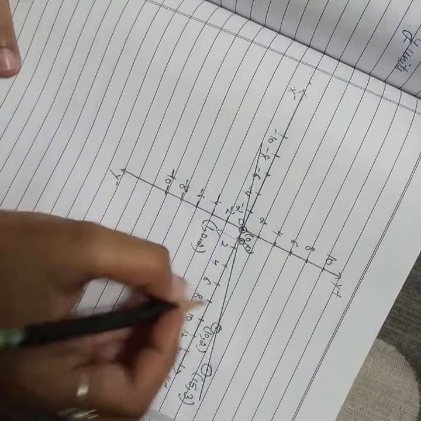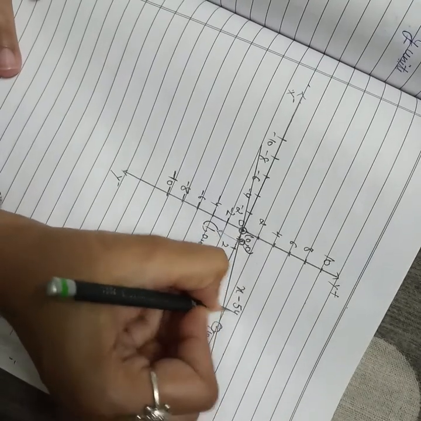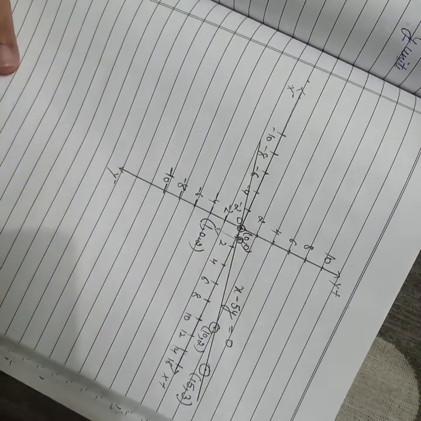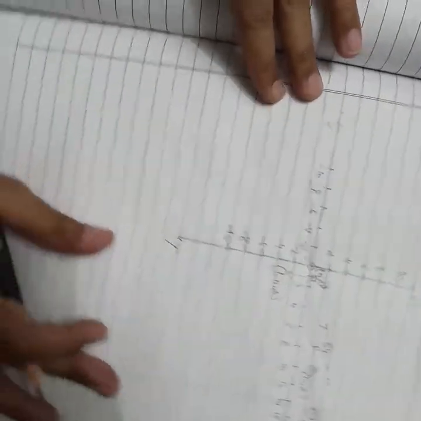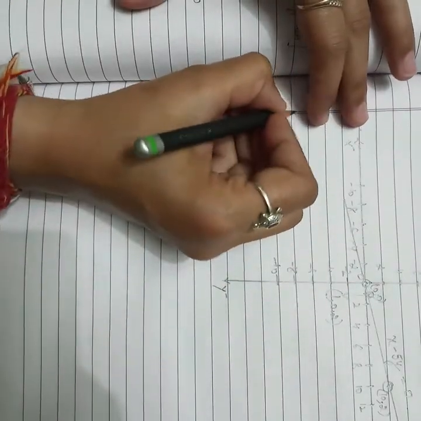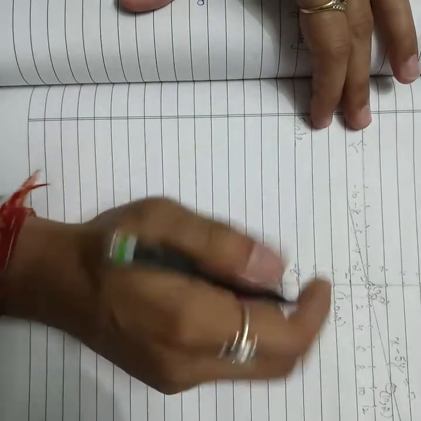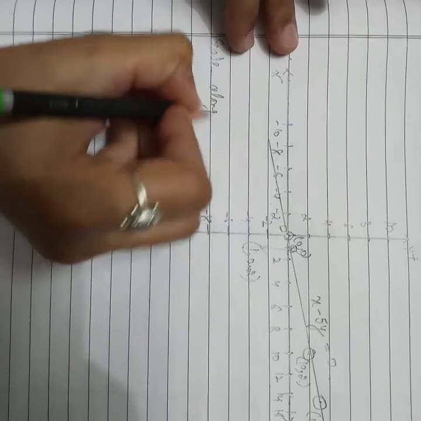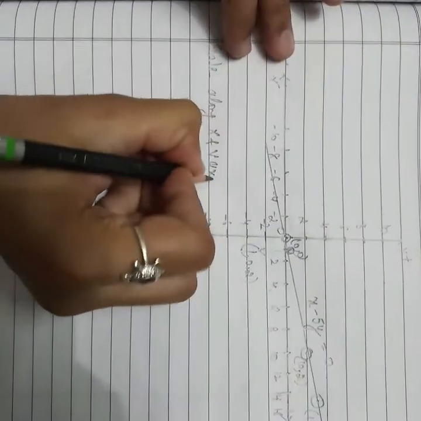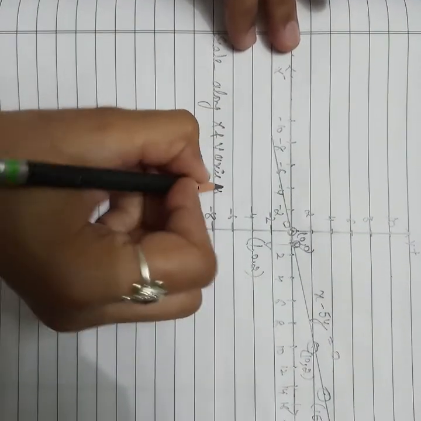And the linear equation is x minus 5y equals 0. And we have to write the scale, as I already mentioned in the previous video. Here the difference on both axes is the same, so the scale along the x and y axis is here.